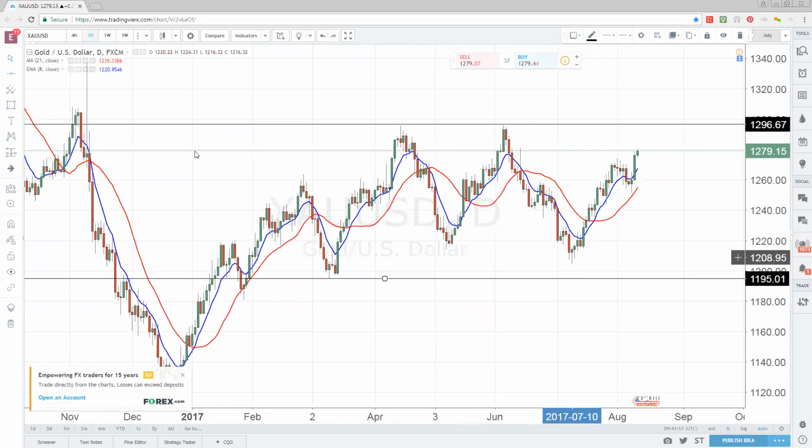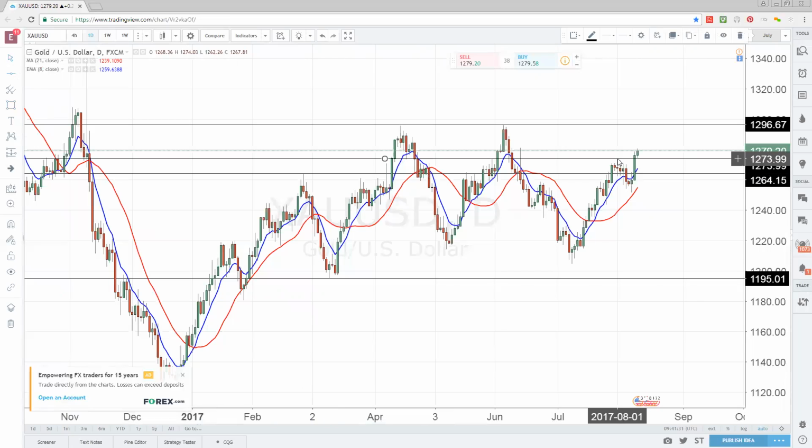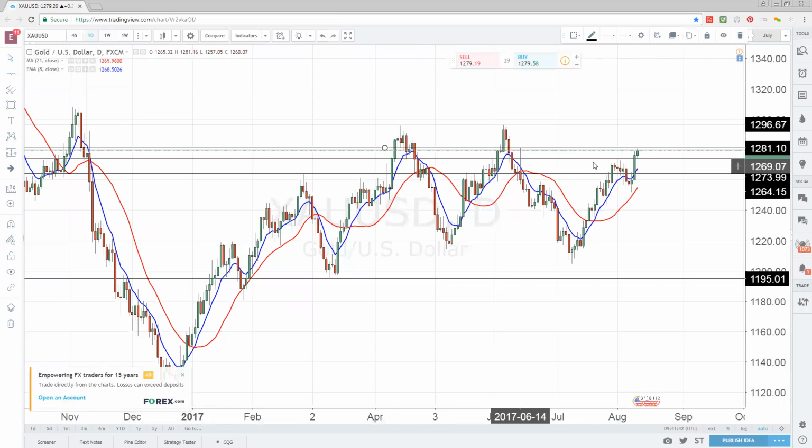That's cool, right? Okay. I also see another level here. That's not all. I also see another one here. And currently, with this wick here, I will include it. Everything is inclusive. That is where market is at now.